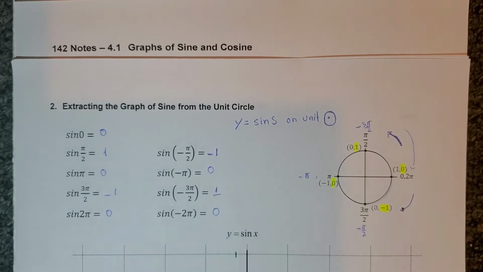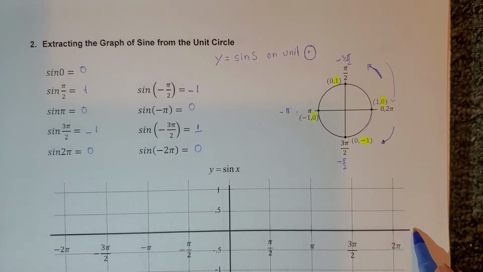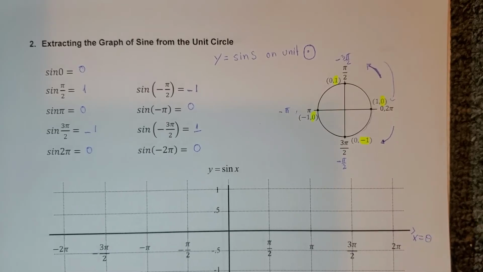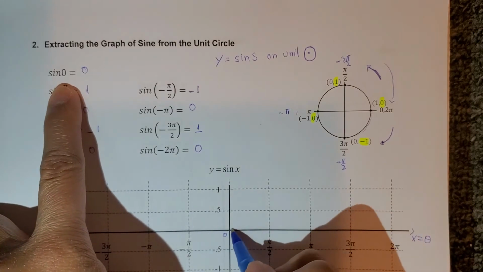All right, so I'm going to use these values and plot them here. My x-axis represents the angle, and the y is going to be the value of sine. So let's plot it. At angle 0, my sine value is also 0.